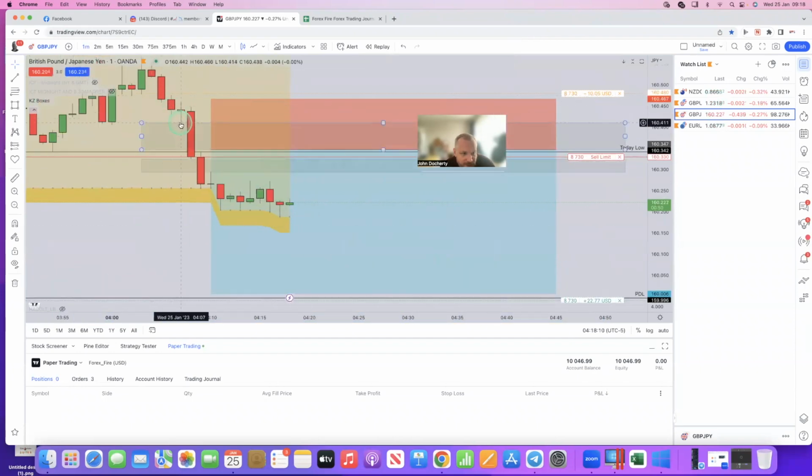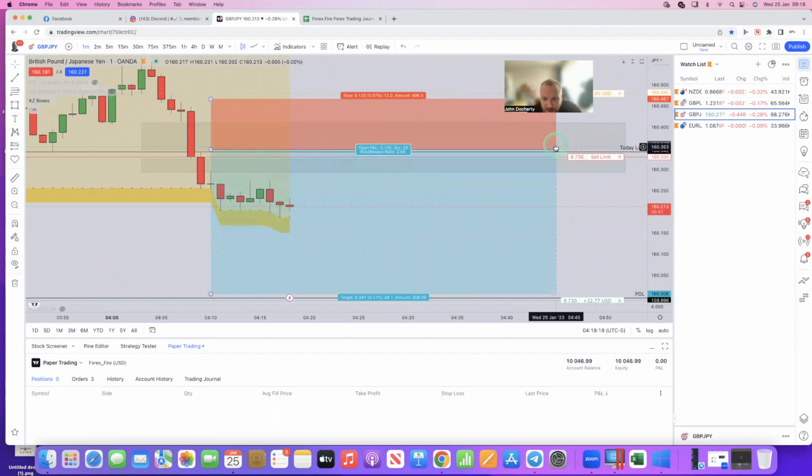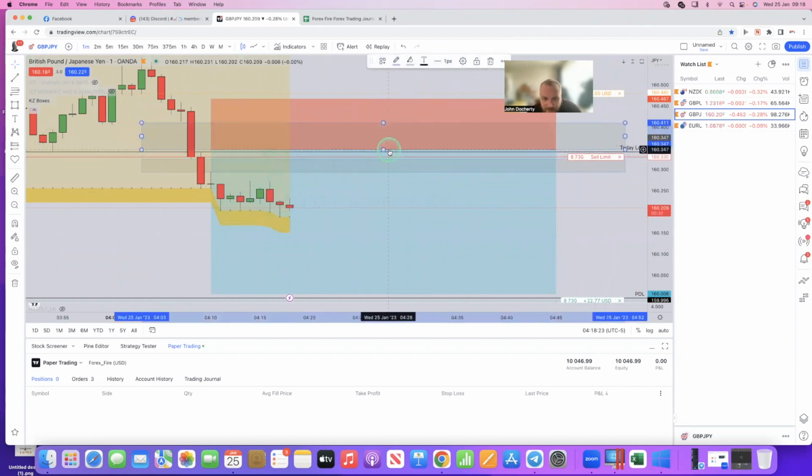So again, between the wick here and the wick here is a fair value gap, because price, let's just have a look at this. That's the fair value gap there, to the wick. And then wick to wick here is a fair value gap as well.